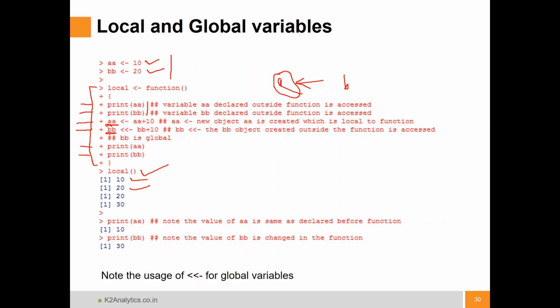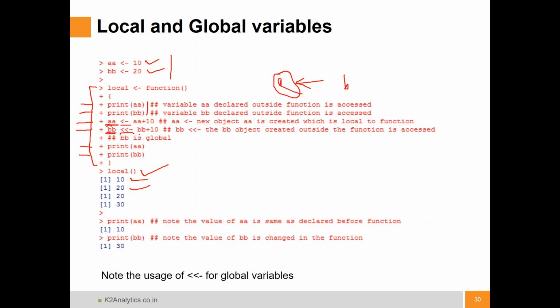Ideally a new variable BB should be created. But what will happen? A new BB will not be created in this case, because note the difference. Here I have got angular bracket hyphen, and here I have got double angular bracket hyphen. Now this double angular bracket hyphen says to refer to the global variable.